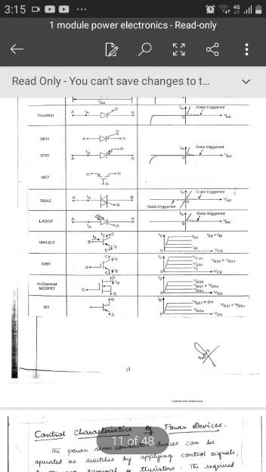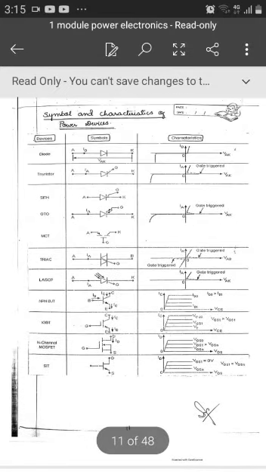Next one, that is the N channel MOSFET. The abbreviation MOSFET stands for metal oxide semiconductor field effect transistor. The MOSFET has two types, N channel and P channel MOSFET.